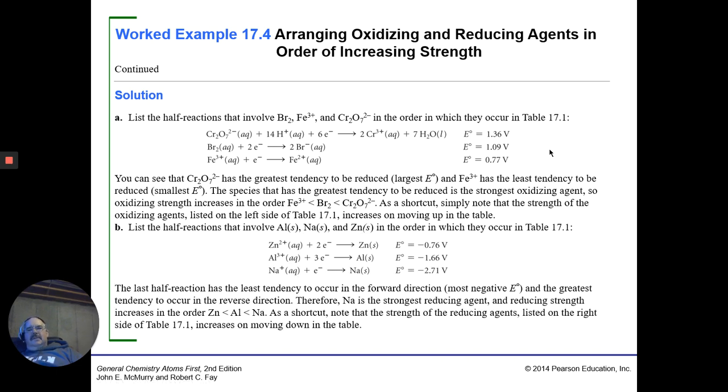Okay, and the strongest oxidizing agent has the greatest tendency to be reduced. The strongest reducing agent has the strongest tendency to be oxidized.